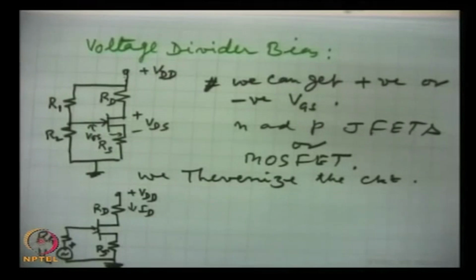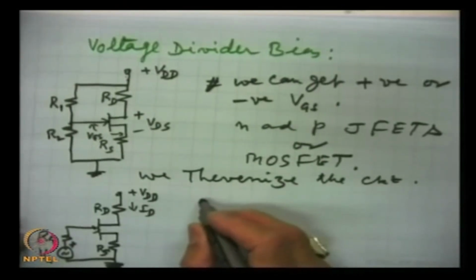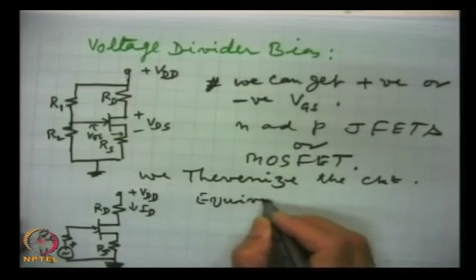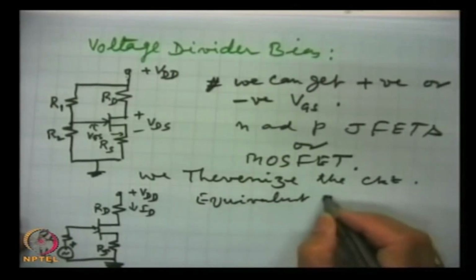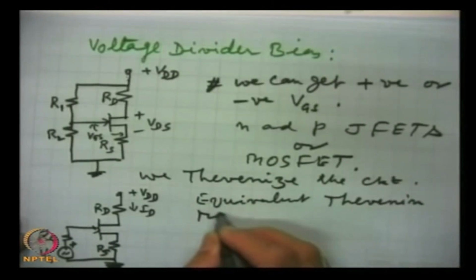This is Thevenin's equivalent circuit, and here the value of equivalent Thevenin resistance.